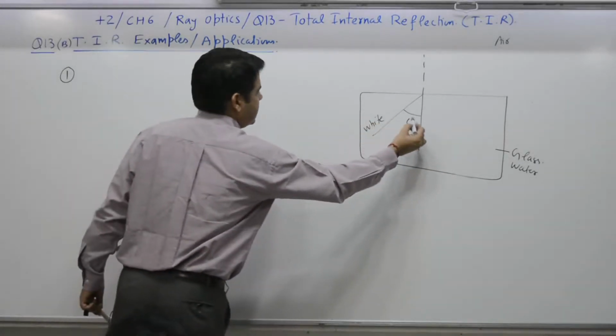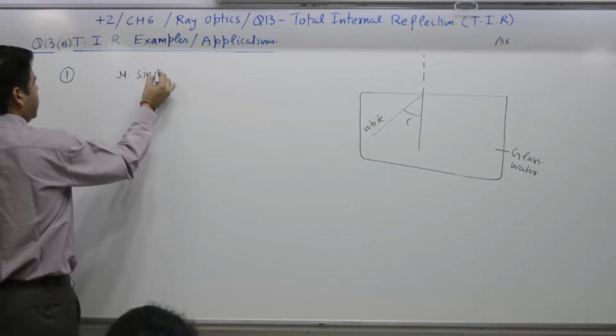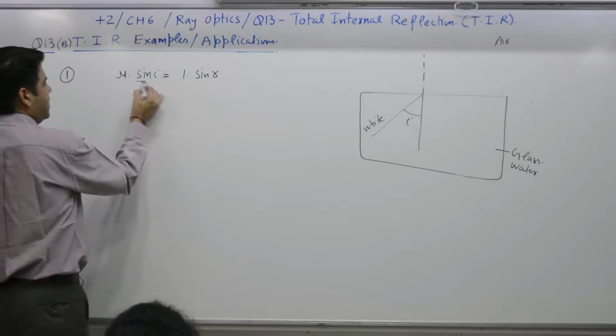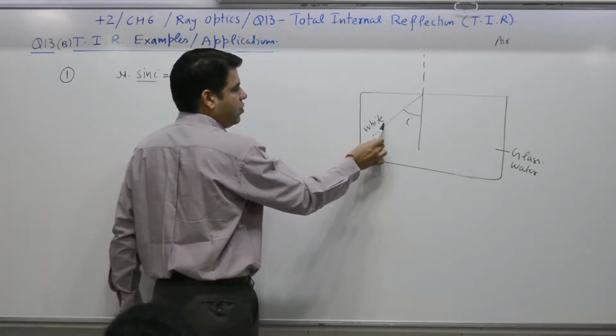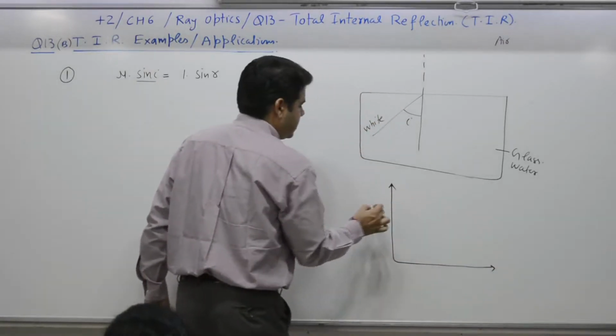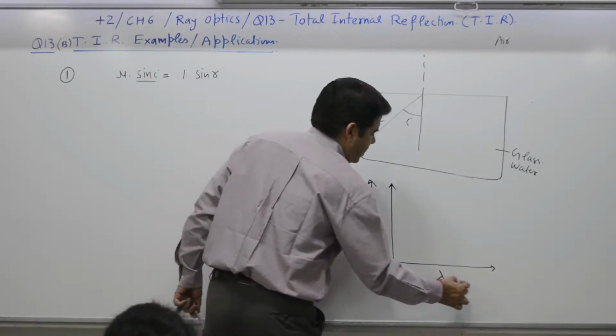Suppose this is the angle of incidence i: nu into sine i is equal to 1 into sine r. Sine i is the same for all colors: violet, indigo, blue, green, yellow, orange, red. All wavelengths are there.